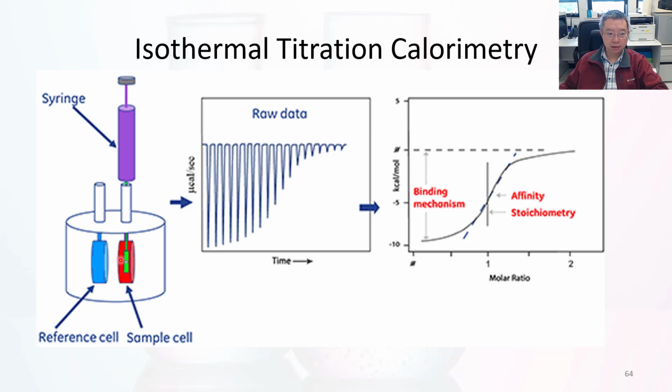Once the drop comes in, the temperature is going to be different between the reference cell and the sampling cell. So the reference cell is going to add some heat by an electrical wire to compensate for the temperature difference and make them equal. And if we make them equal, you know the heat is equal to how much electrical work was put in.